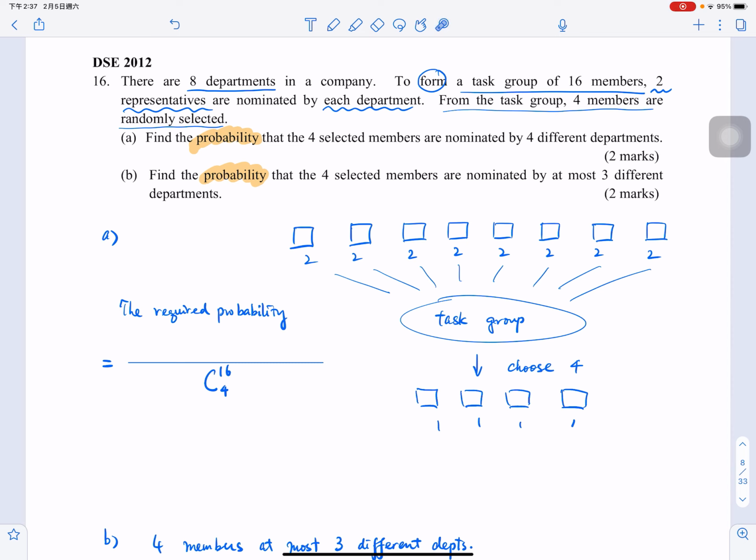Because you need to choose 4 different departments, first there are 8 departments, you choose 4 of them, then times: first department, you choose 1 of them; the second one, choose 1 of them; the third one, choose 1; and the fourth one, choose 1. So this is the answer. Clear? So 8 over 30 is the answer.